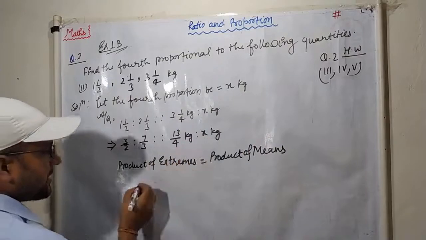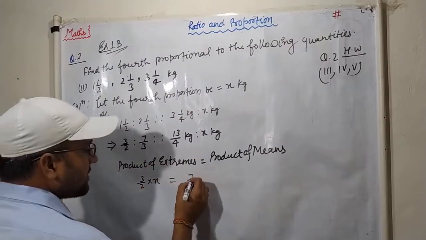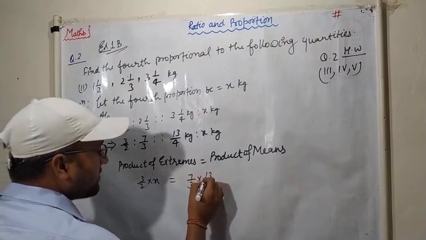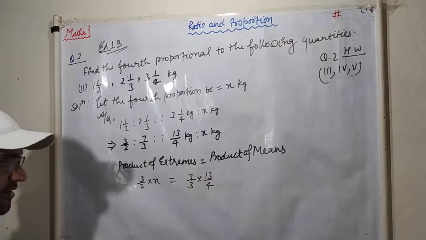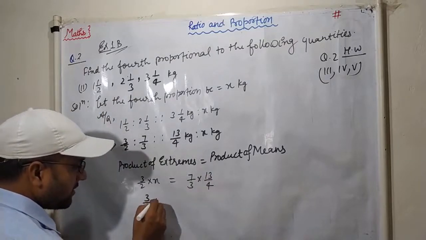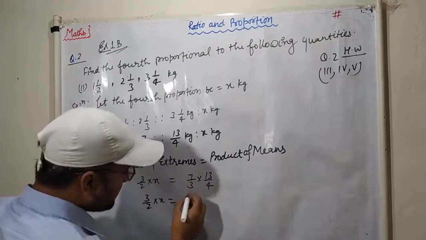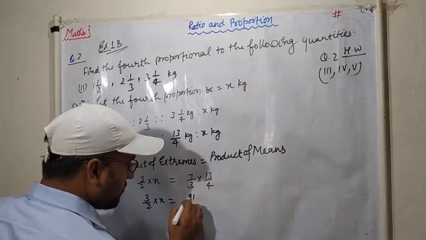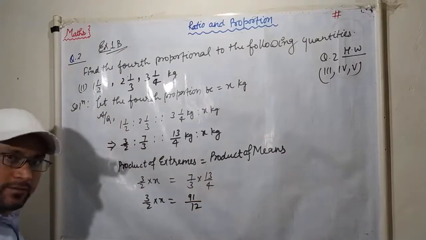Product of extremes, first and last term: 3 by 2 multiplied by x is equal to 7 by 3 multiplied by 13 by 4, students. If it cancels out, you will cancel out. Otherwise, you will write same as it is. Now 3 by 2 into x is equal to 13 7s are 91 and 3 4s are 12. Here 3 by 2 is in the form of a multiplication.